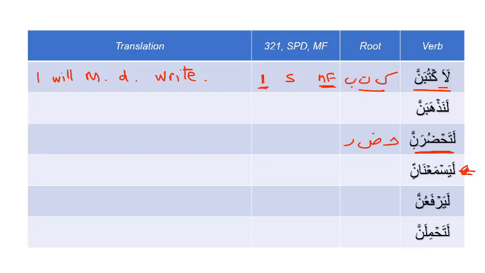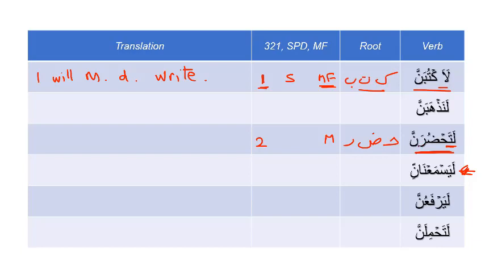So tahduranna. What does the ta tell you in the beginning? Second person. Male. It's second person male. And is this singular or plural?